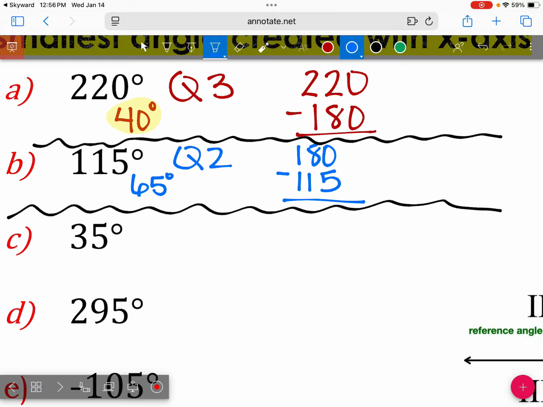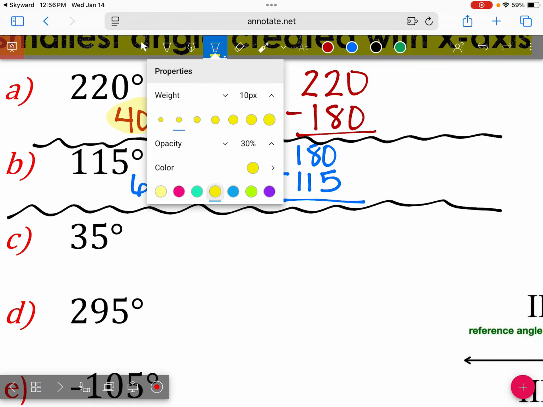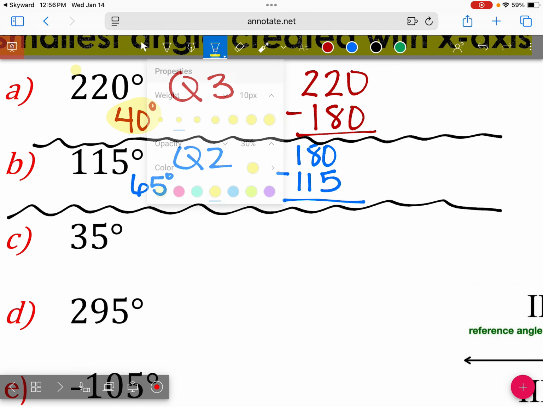All right, now let's look at question C. For question C, we have a 35 degree angle. Show me what quadrant we're in if it's 35 degrees. All right, good. Any angle in Q1, that is your reference angle.